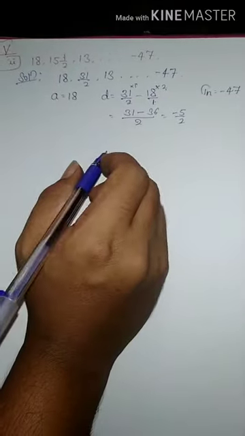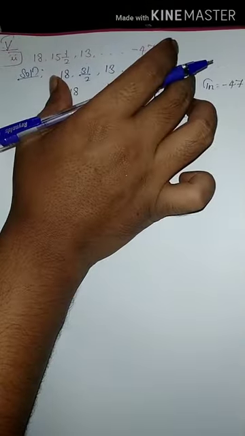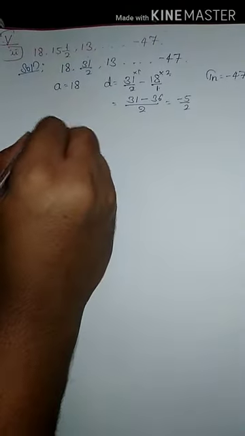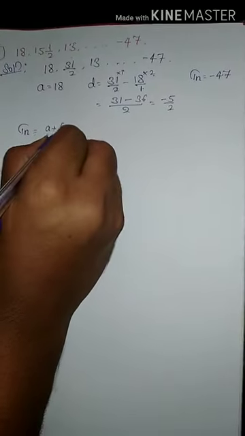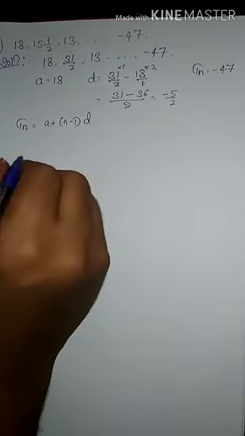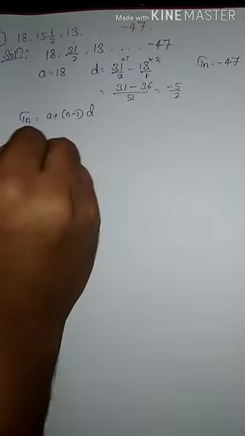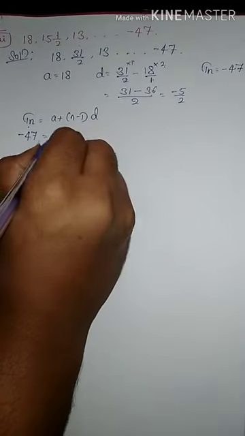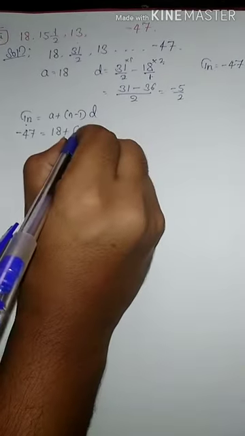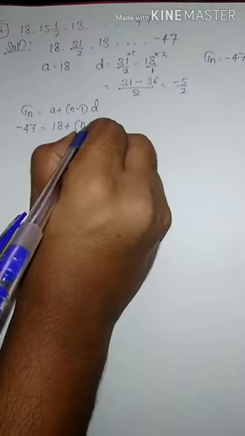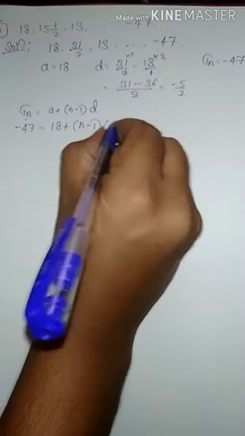So we need to find the number of terms in this AP. So the formula, we know that Tn is equal to A plus (n minus 1) into D because the given sequence is in AP. So Tn is given as minus 47, and A is 18 plus n, we don't know, we need to find the value of n, as it is minus 1, and D is minus 5 by 2.